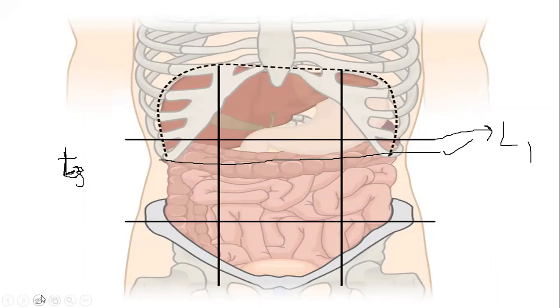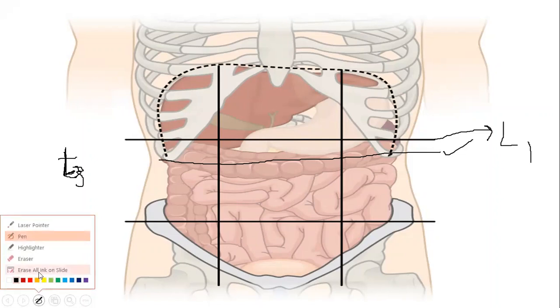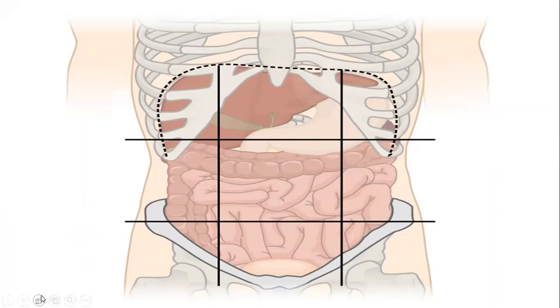So this was all regarding the superior horizontal line. Now let's talk about the inferior horizontal line. So as you can see, this is the inferior horizontal line, right? Again, the inferior horizontal line can be drawn at two levels. Either it can be drawn at the level of the anterior superior iliac spine.